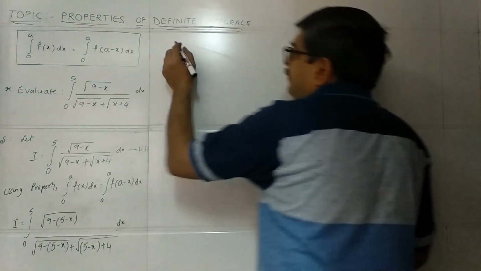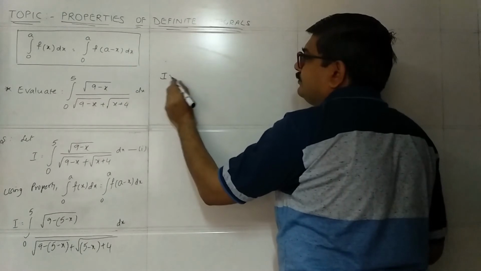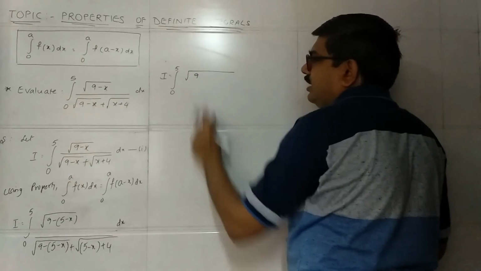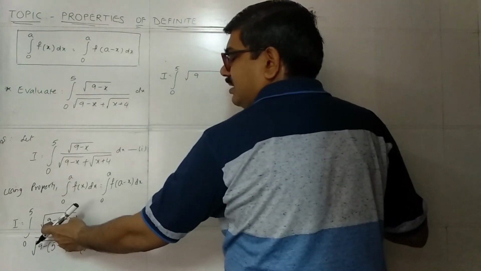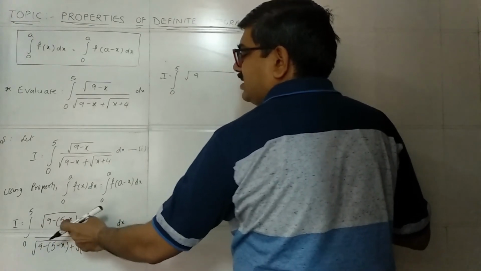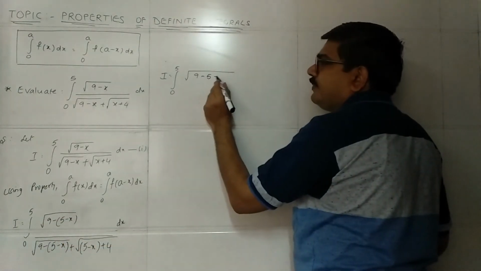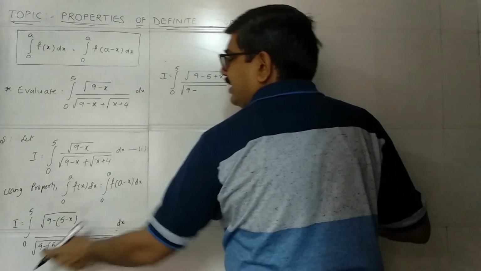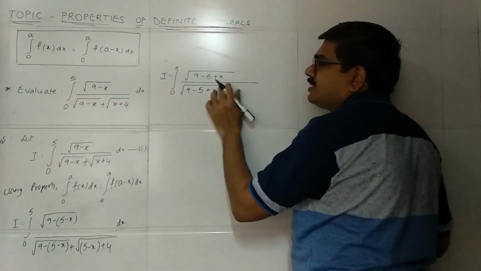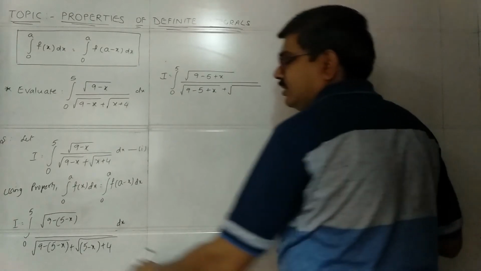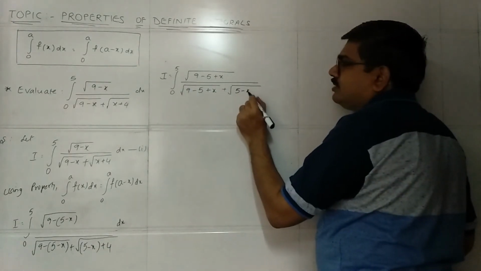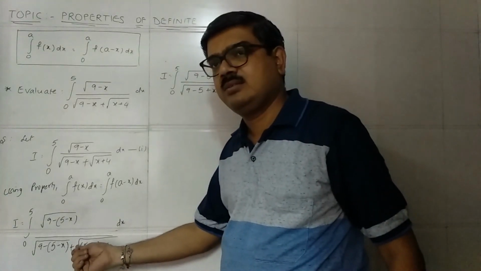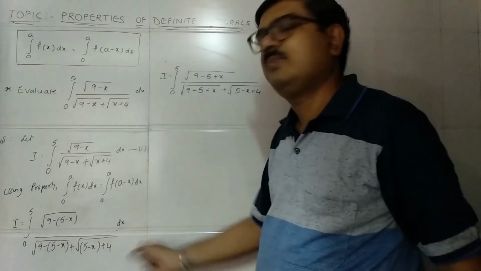Now we'll simplify this. I is equal to integral 0 to 5 of square root of 9. Now open these brackets. There is a minus sign, so when you open the brackets you get minus 5, and minus into minus gives plus x. Then plus square root of 5 minus x, the same, because there is no negative sign before the brackets, and plus 4 dx.